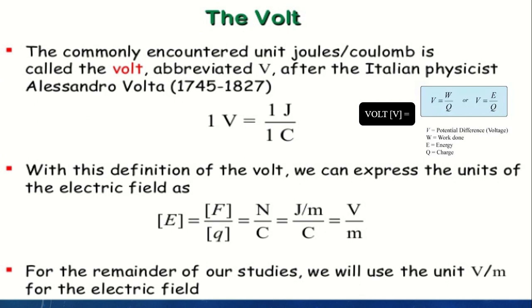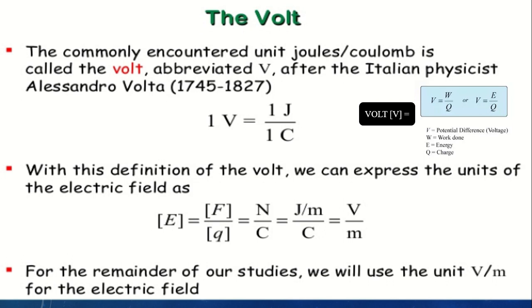Next, the formula derivation. The commonly encountered unit is joules per coulomb. The exact SI unit of electric potential is joules per coulomb, and it is also called volt in order to honor Italian physicist Alessandro Volta. So 1 volt is equal to 1 joule per 1 coulomb. So volt means W by Q, that is work done by charge.